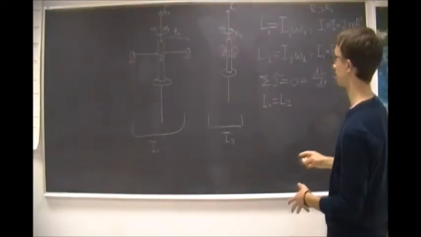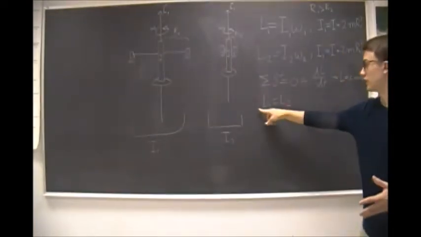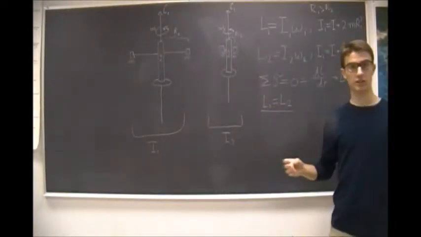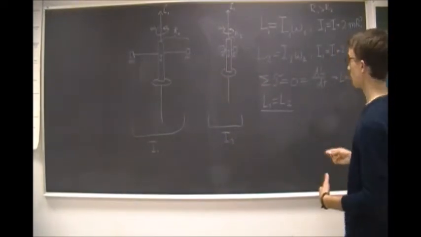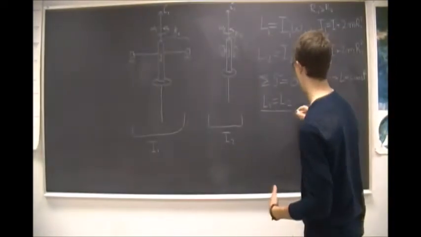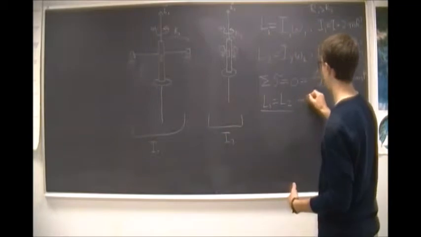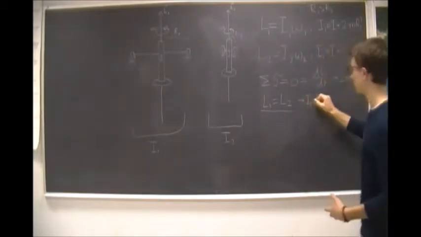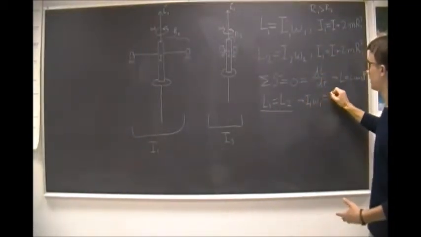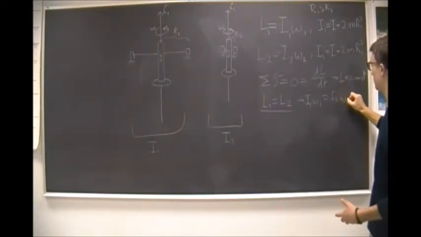And this is really important. This is the conservation of angular momentum. Now let's write that out in equation form. I1 omega 1 equals I2 omega 2.